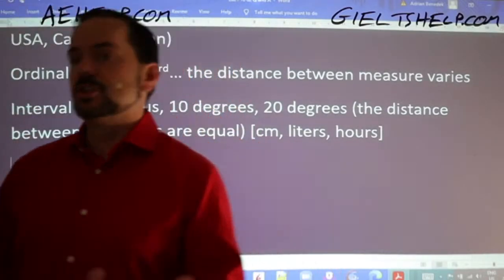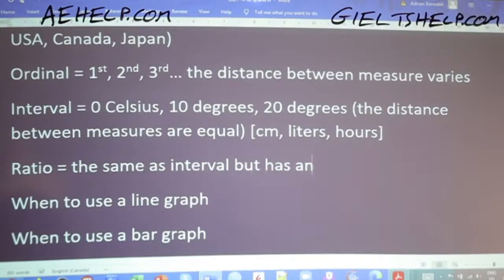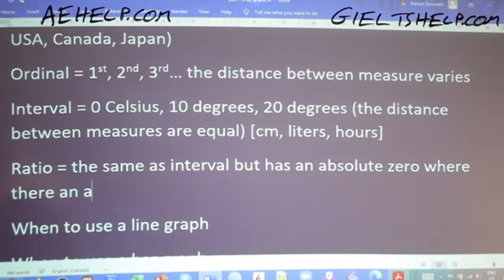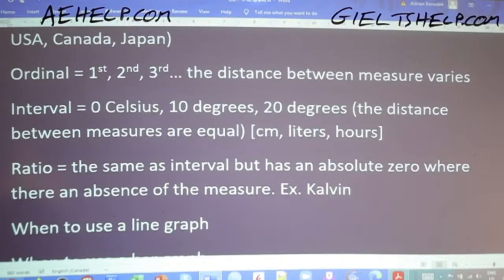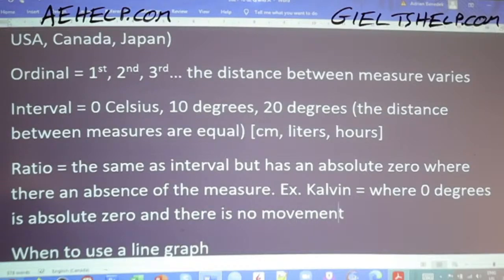And yes, you're absolutely right, Mohit. There's also ratio, which are the absolutes. Ratio is the same as interval, but has an absolute 0 where there is an absence of the measure. A good example, if you're into chemistry and physics, is Kelvin, where 0 degrees is absolute 0 and there is no movement of molecules.